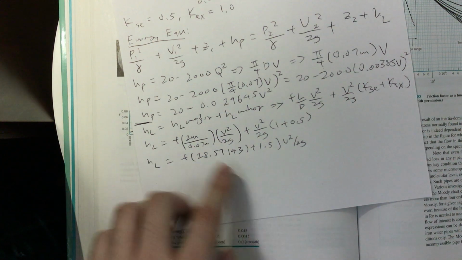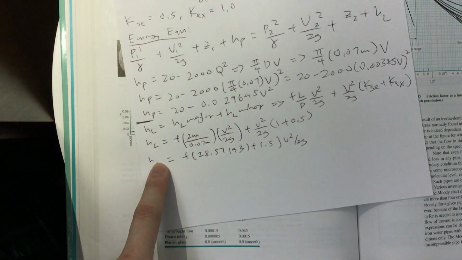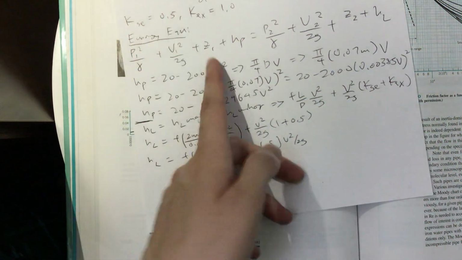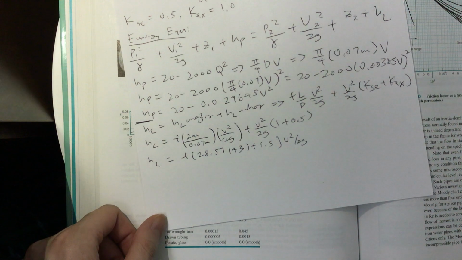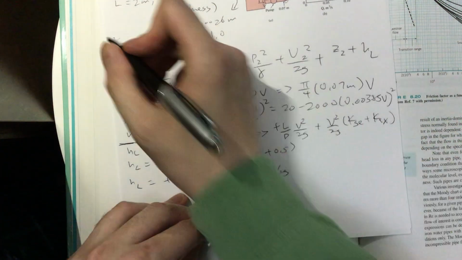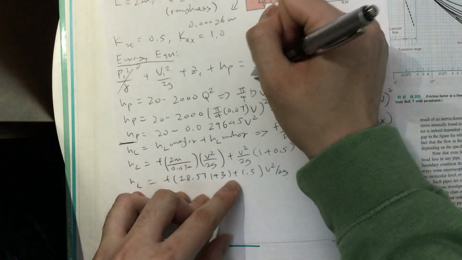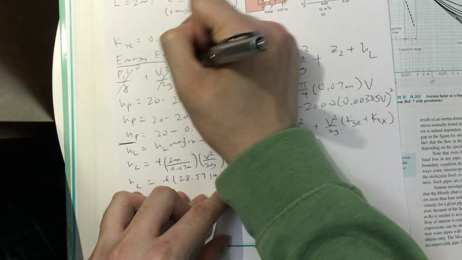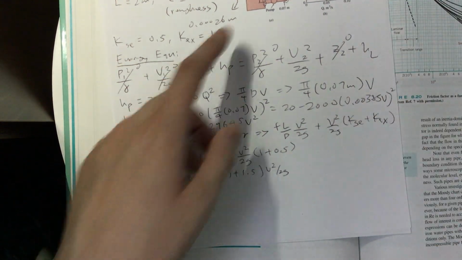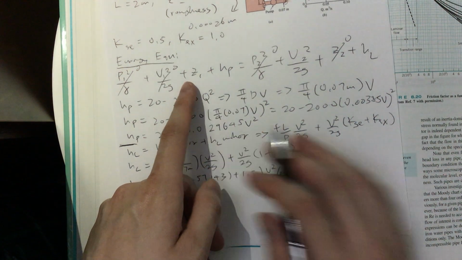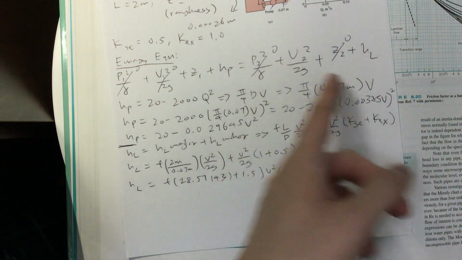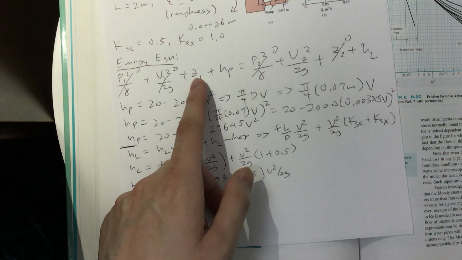So we're going to combine. I'm going to put HP right here, and HL right there. You're going to put Z1, which is 6 meters, to the other side. Oh wait, before we do that, we don't have pressure, so let's cancel that. We had no inertial velocity, cancel that out. We had no Z2, because we only have one height, Z1. That leaves us with this, another V squared over 2g, and HL. I'm going to put that to the other side.